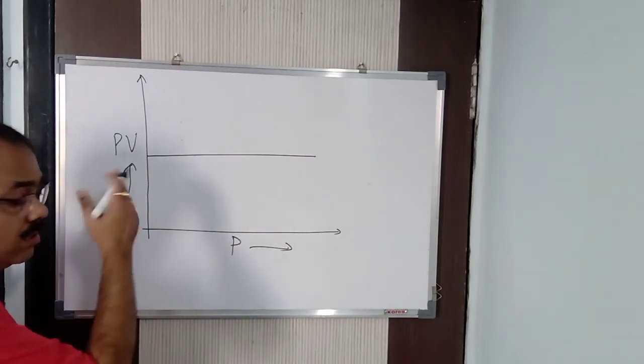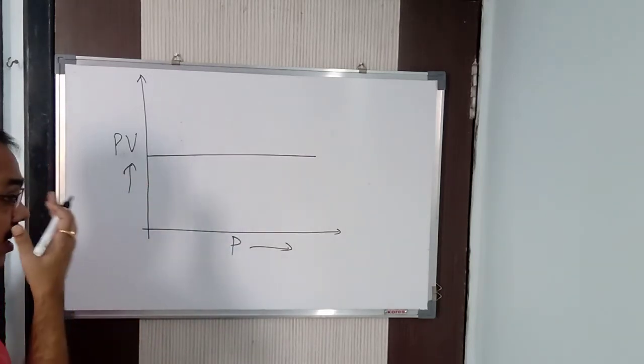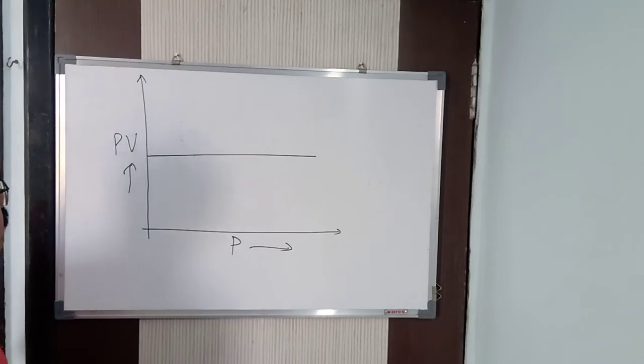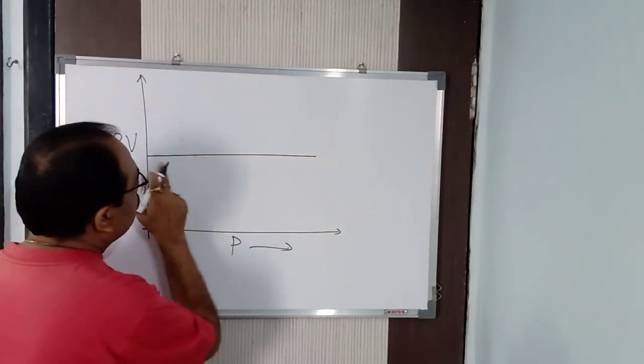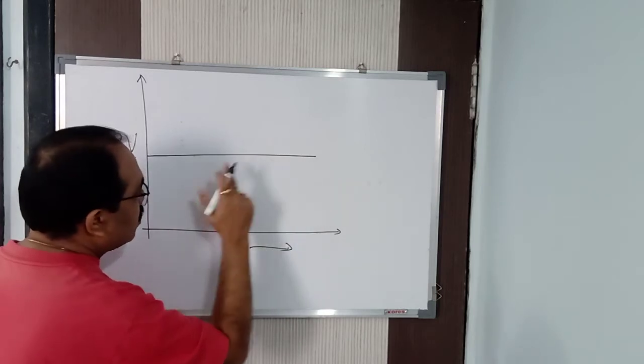Just now I told you, according to the kinetic molecular theory of gases, I have to take one particular law and explain the deviation of real gases from the ideal behavior. Listen carefully. This line is for which gas?